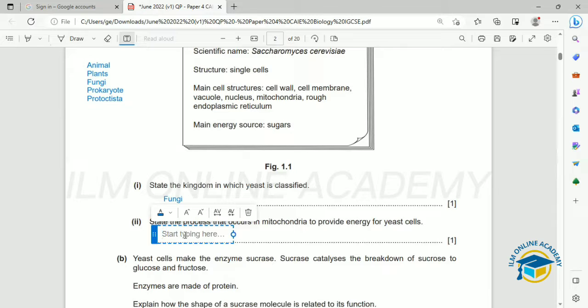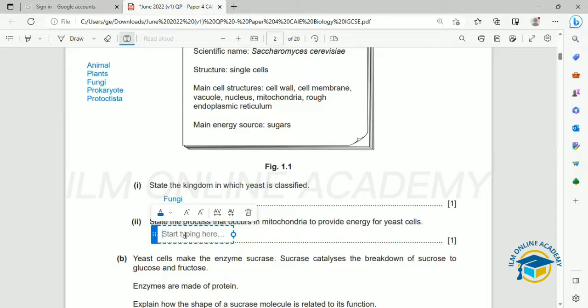But when we are talking about the process that occurs in mitochondria to provide energy for yeast cells, for sure, if it is providing energy, it is respiration, because respiration is a process that provides energy. In mitochondria, aerobic respiration takes place. Mitochondria is the powerhouse of the cell, and a lot of energy is produced as a result.